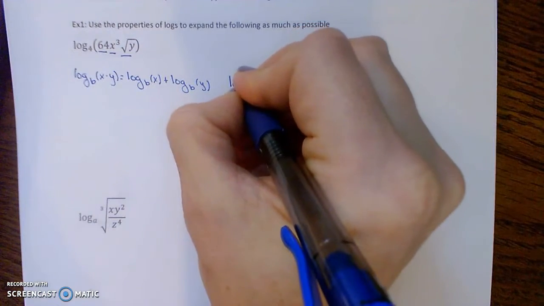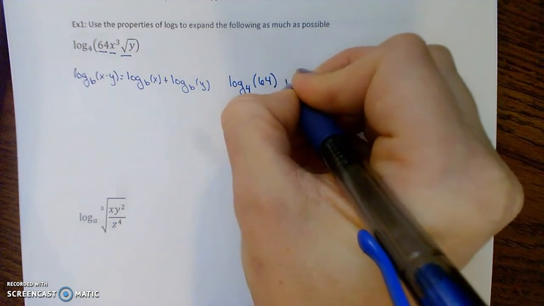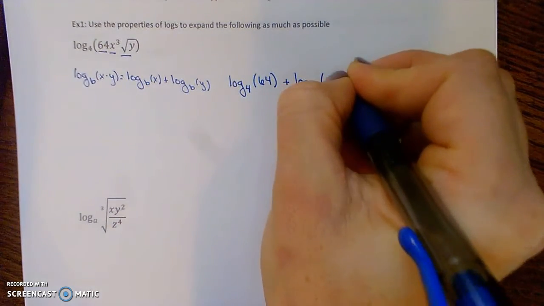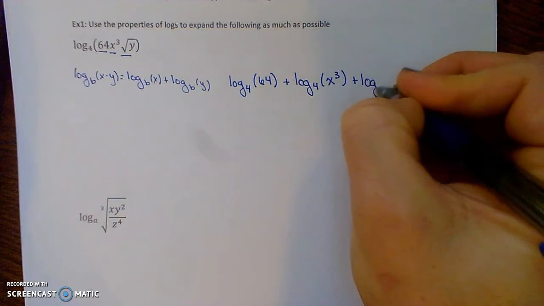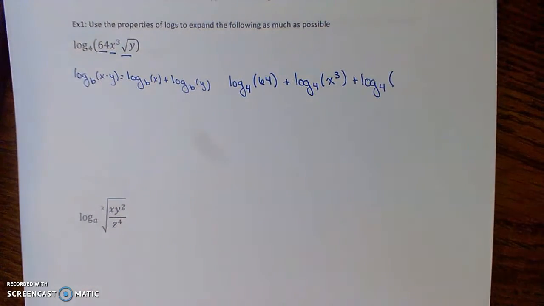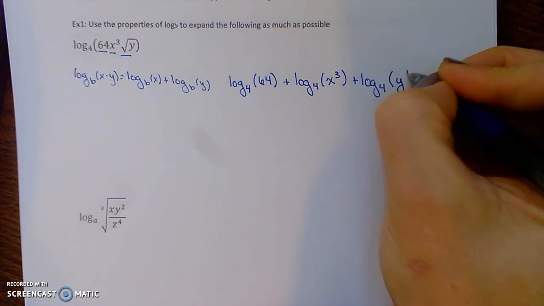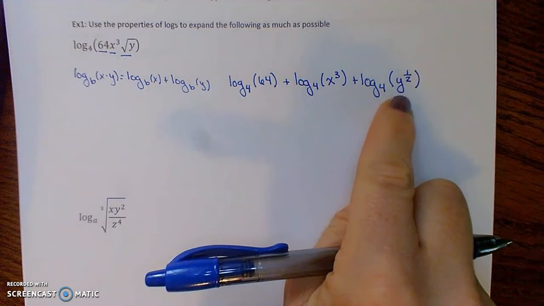So you've got log base 4 of 64 plus log base 4 of x cubed plus log base 4 of the square root of y, except I'm not going to write it like the square root of y. Instead, I will write it with an exponent of a half, which means the same thing as the square root of y.